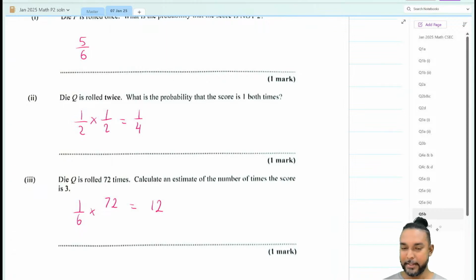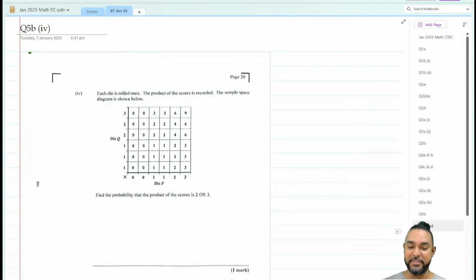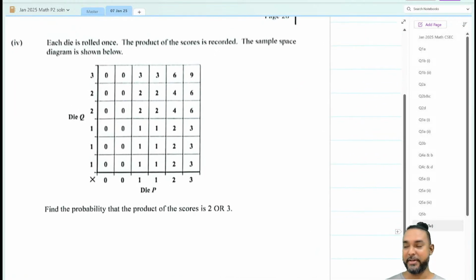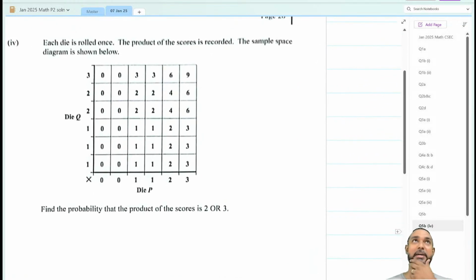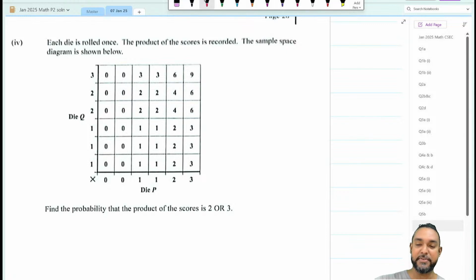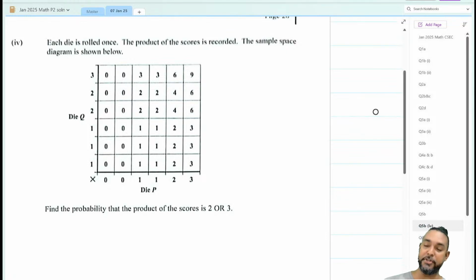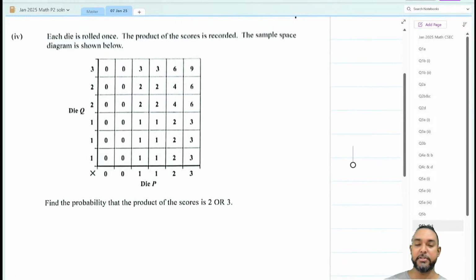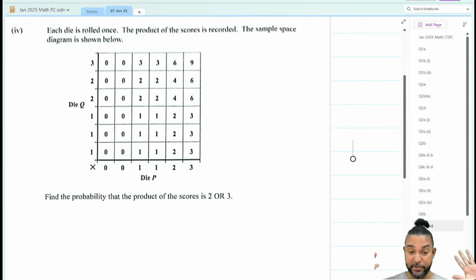All right? And 5B part 4. So this is where I got a little more in the AdMath side of it. Again, not that it is AdMath level difficulty, but just that it's something you would more regularly see there. But again, they did change the math syllabus, and you should be familiar with the changes, right? Okay, each die is rolled once. So you roll die P and die Q. Okay, cool.